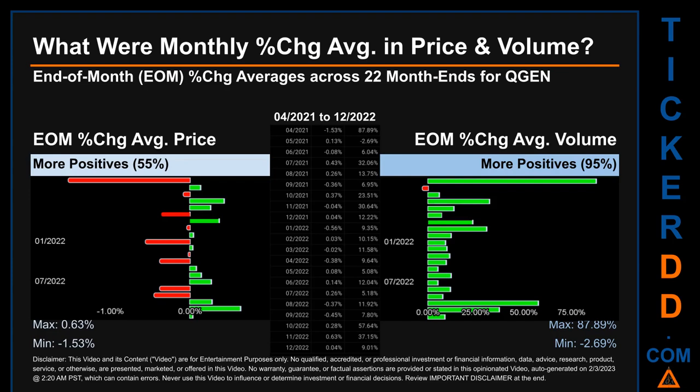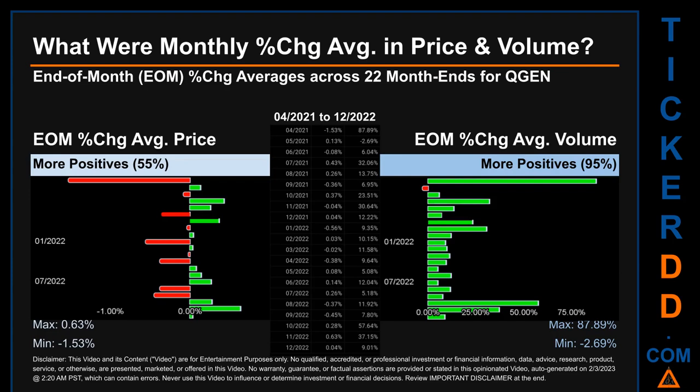From 04/2021 to 12/2020, 12 out of 22 month ends had a positive percentage change in average price. That is 55% of month ends saw a positive percentage change in average price. In terms of volume, 21 out of 22 month ends had a positive percentage change.